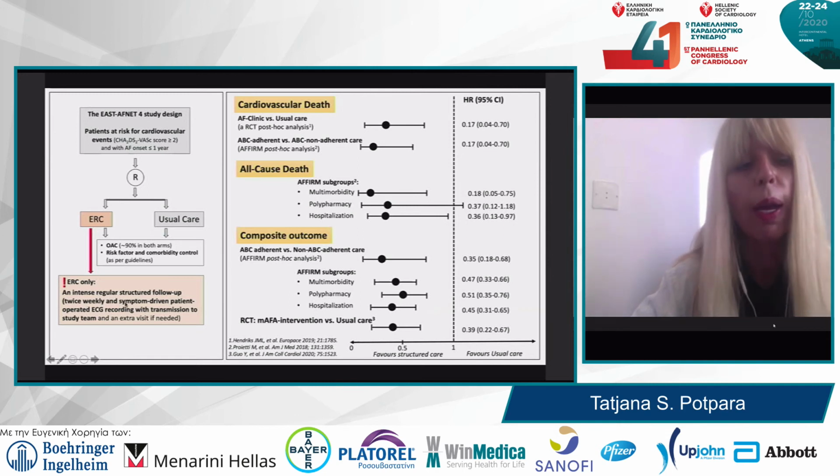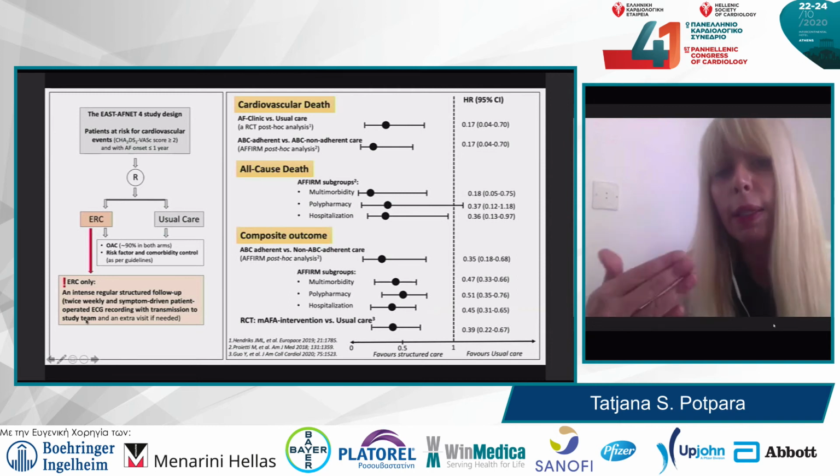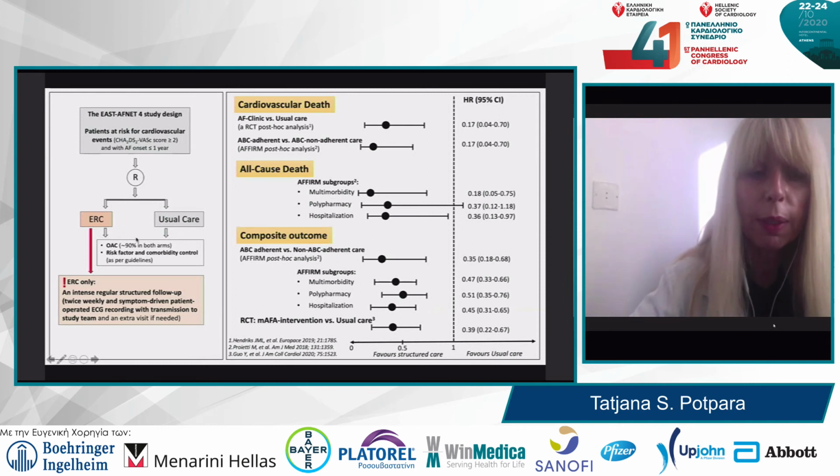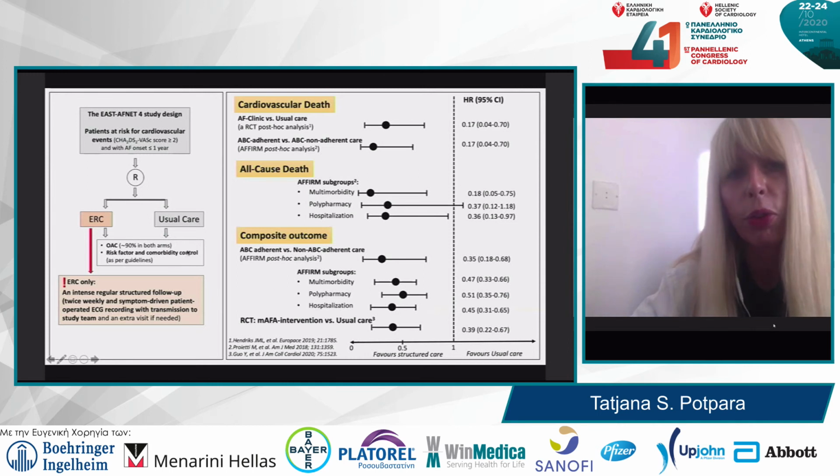Patients were requested to record patient-operated ECG tracings twice weekly, or even more frequently if they had symptoms, and then to transmit them to the study team, which provided feedback as needed. That was the difference between the early rhythm control arm and the usual care arm, whereas all patients were adequately anticoagulated and risk factors and comorbidities were properly managed.